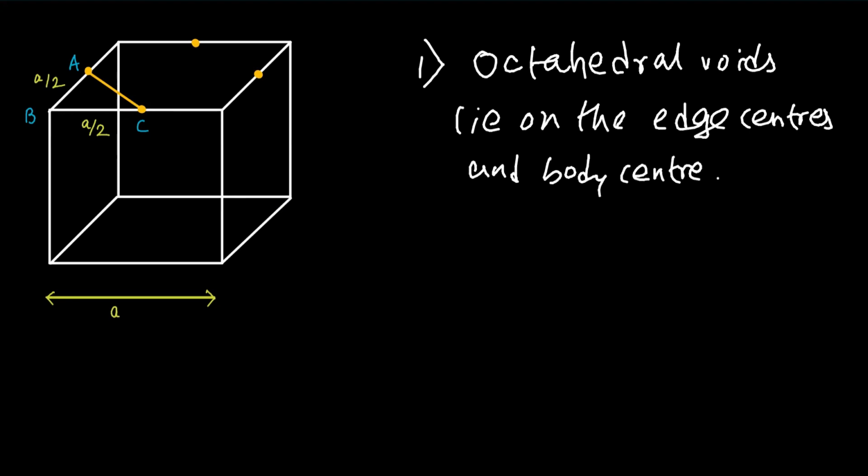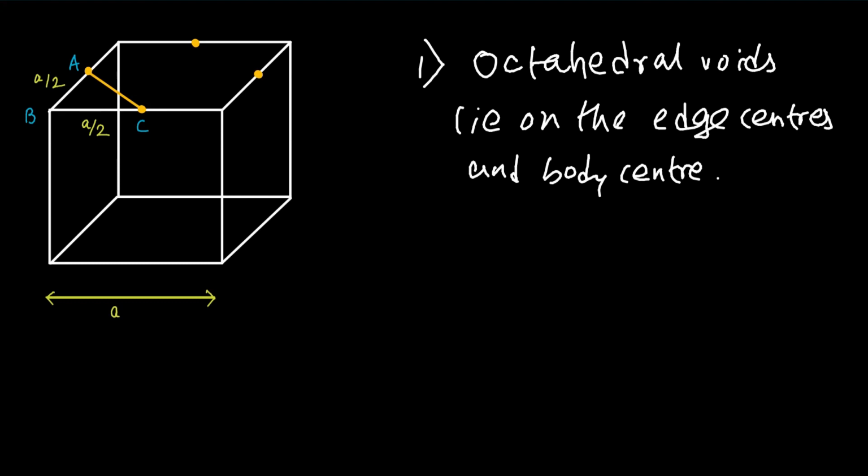If you see this diagram, I have marked the octahedral voids on the four edges on the top face of this FCC lattice, and I have joined two octahedral voids. So what you have to find is the nearest distance between these two octahedral voids.